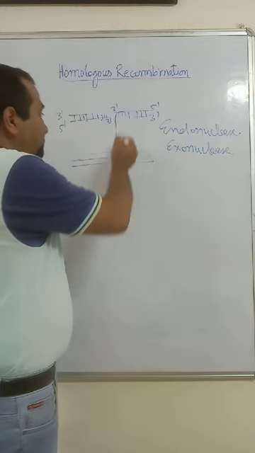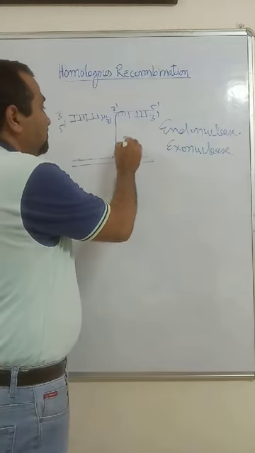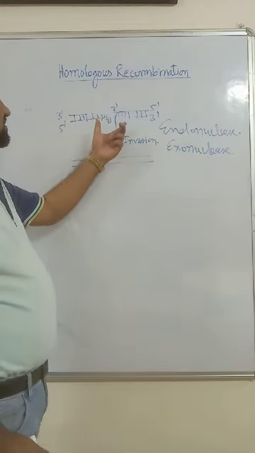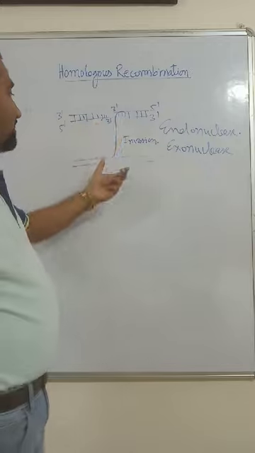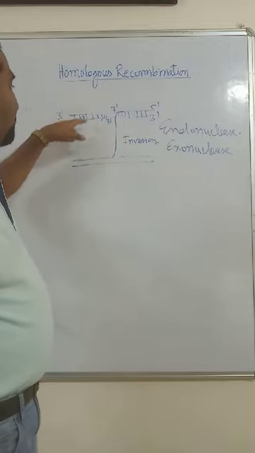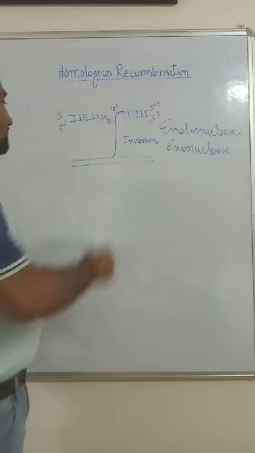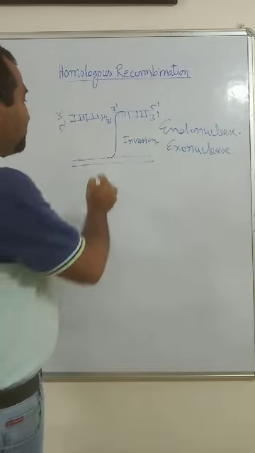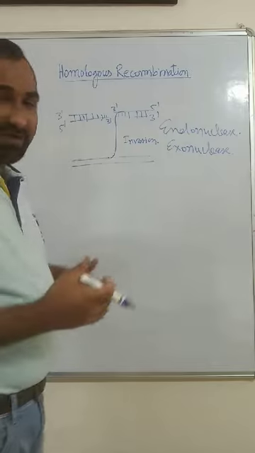So this invasion of the single strand DNA helix of the first chromosome of the homologous pair, now it tries to identify the base similarity.